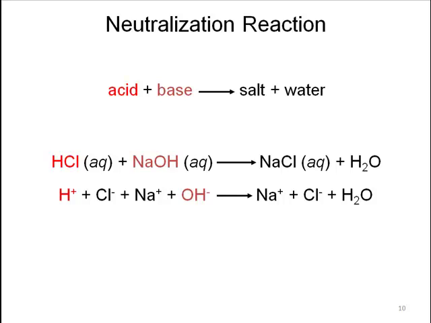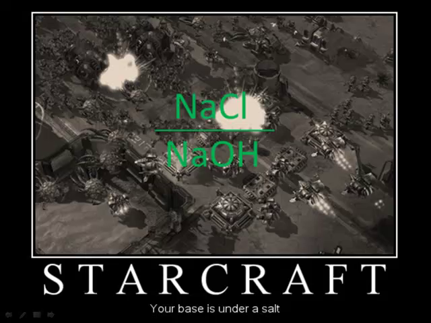The H and OH come together to make HOH. HOH is often written as H2O. So if you write it as HOH initially, you'll see that it's a double replacement. They swap partners: NaCl, HOH, making water. The Cl's cancel out. The Na's cancel out. You're left with H plus OH making H2O. Looking at just the water being formed.